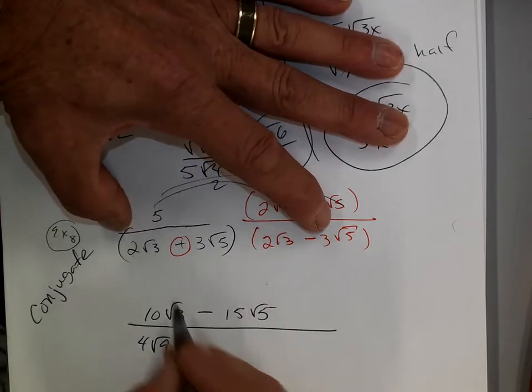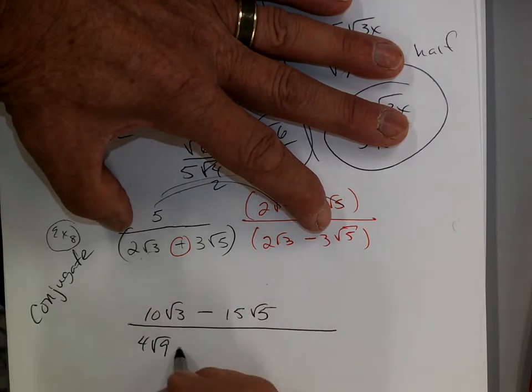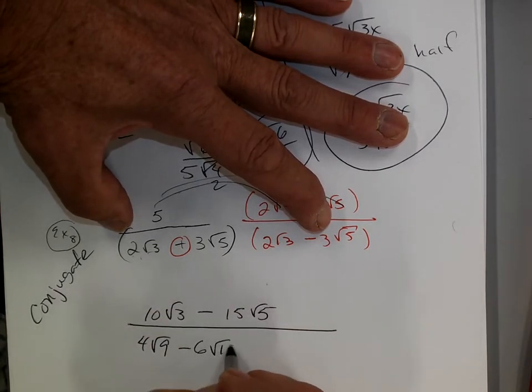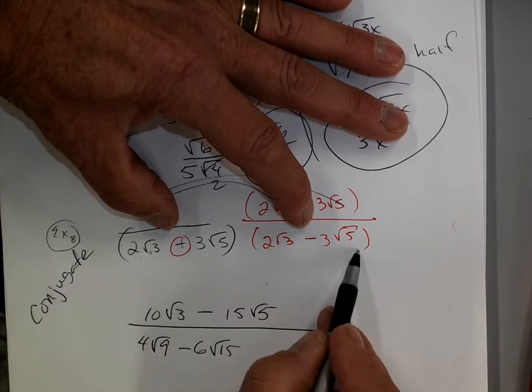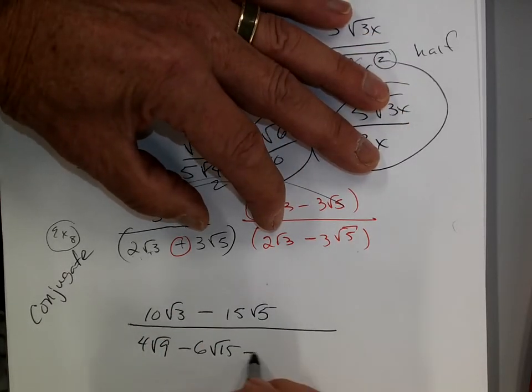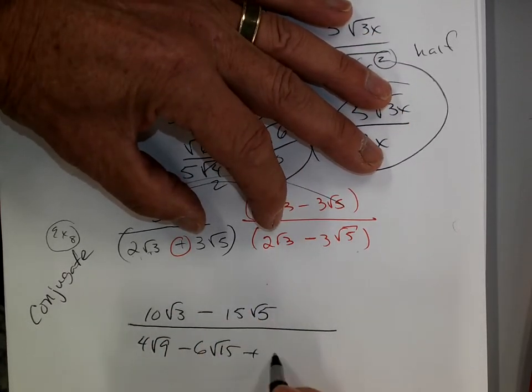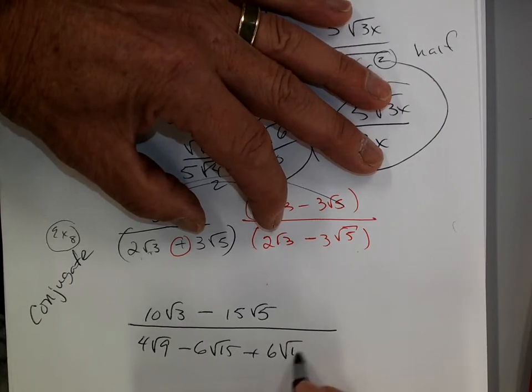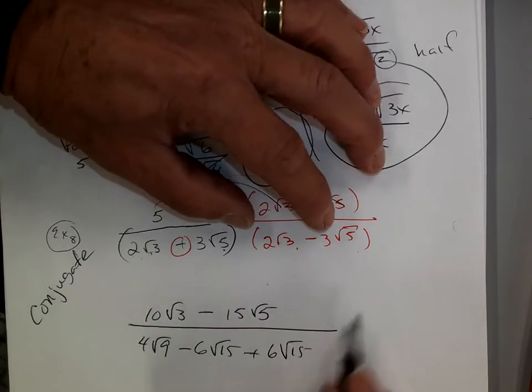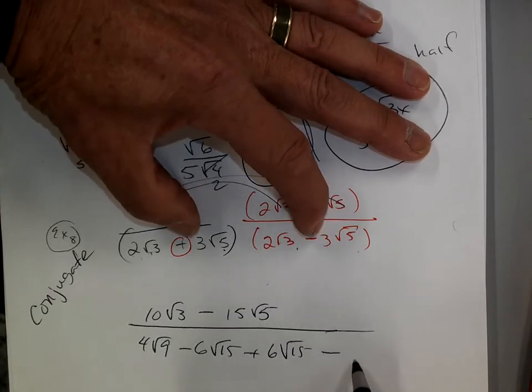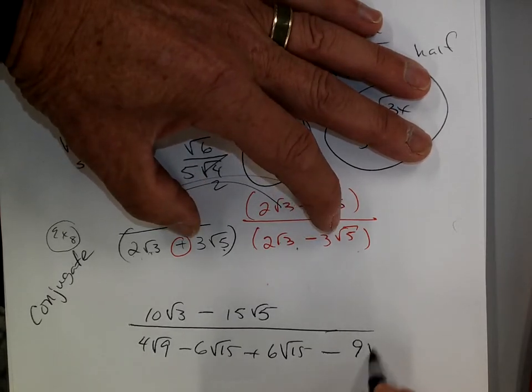I'm going to multiply the outside: negative 6 square root of 15, because I get 3 times the 5. Then on the inside, I'll get a positive 6 square root of 15, because 5 times 3. And finally, the last, I'll get negative 9 square root of 25.